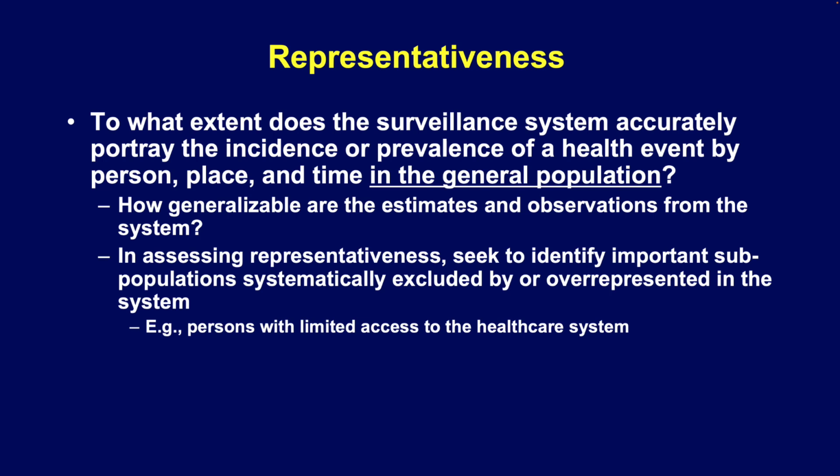you want to seek to identify important subpopulations that may be systematically excluded from surveillance or may be overrepresented in the surveillance system. Going back to the last example, you can see with shigellosis that if people are not accessing the healthcare system even when they have symptoms, maybe because the symptoms are milder or because they don't have insurance or they otherwise are less inclined to go to the doctor, they might be different from those who end up seeking care and end up captured in the surveillance system.